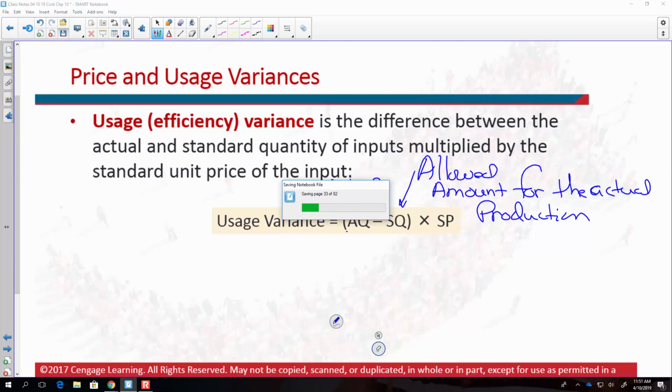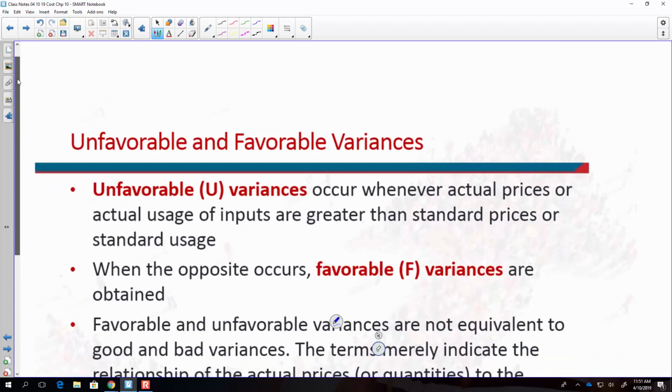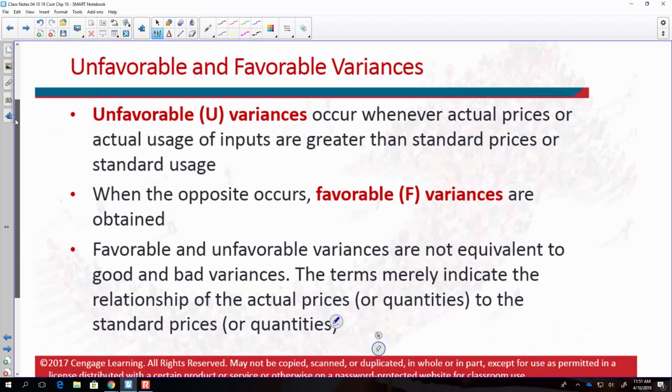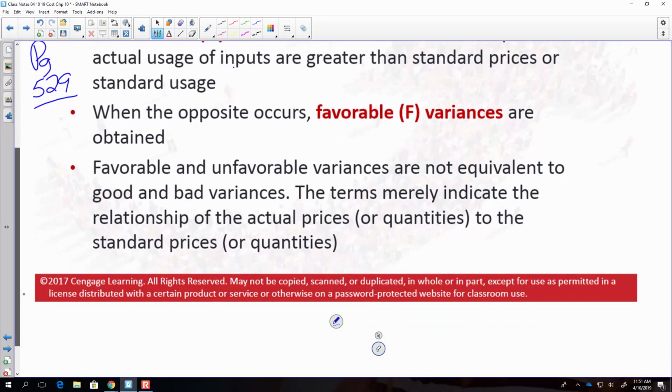Now, there is a discussion on the analysis part of it. And I'd like to talk about this favorable, unfavorable. Page 529 again. Here's what I want to note.